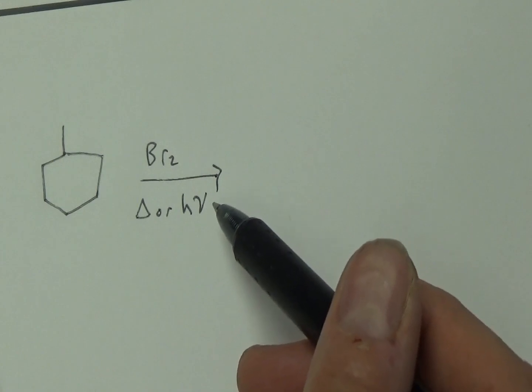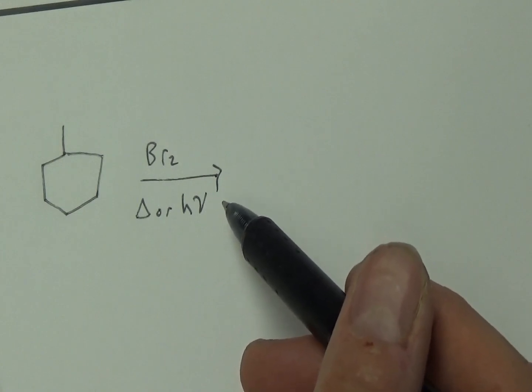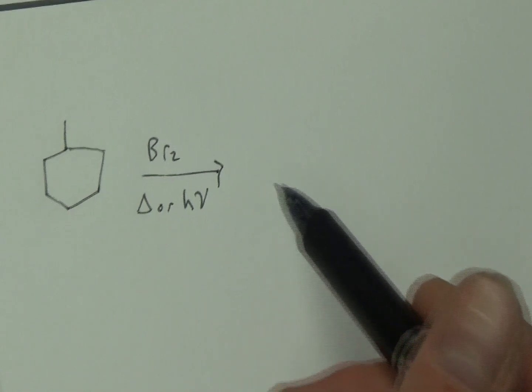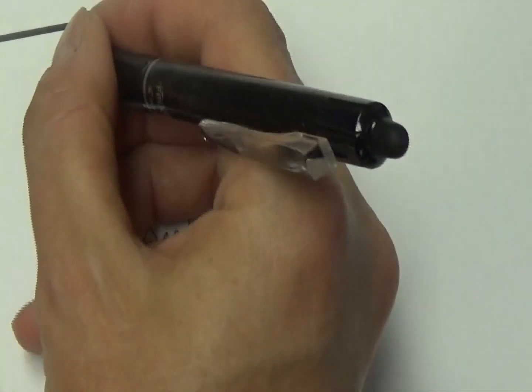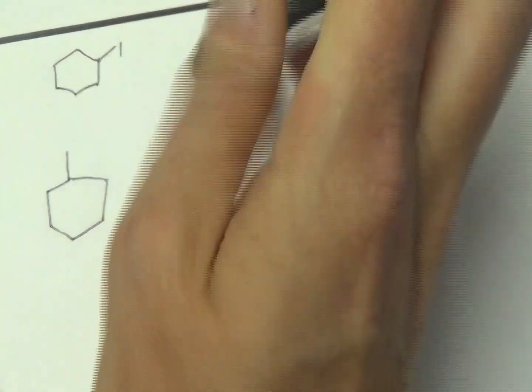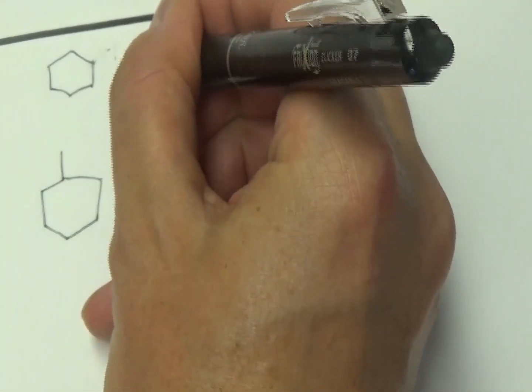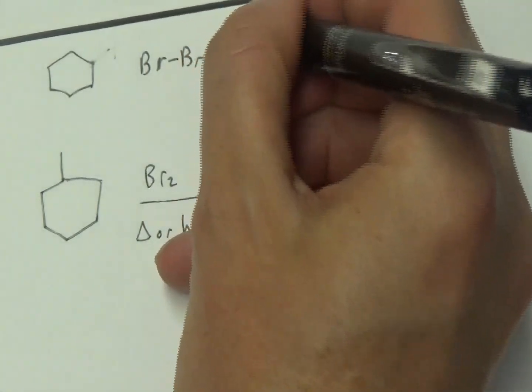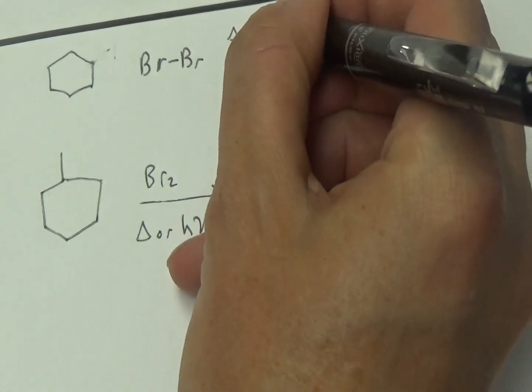You should be able to do the mechanism also. There might be a mechanism type problem on the quiz. I'll do this as a potential mechanism problem. You might see this kind of thing on the quiz, with heat or light.